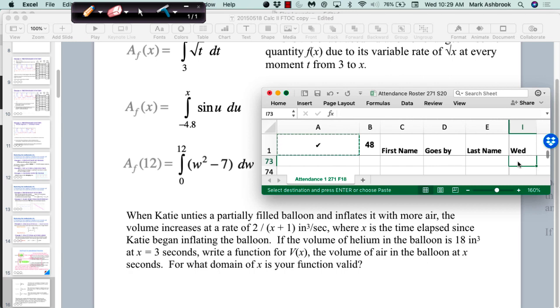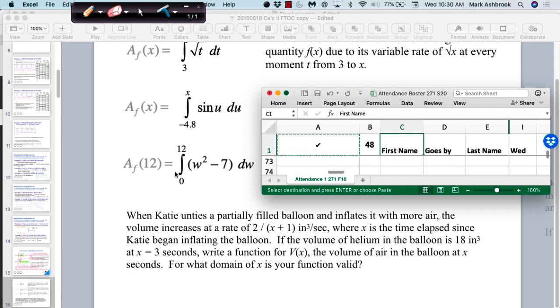Okay, so just quickly. This one is the exact net accumulation of some quantity starting from negative 4.8, if that quantity is changing at a rate of sine x. This one, when you have 0 to 12, you can think of a particular value of the function.